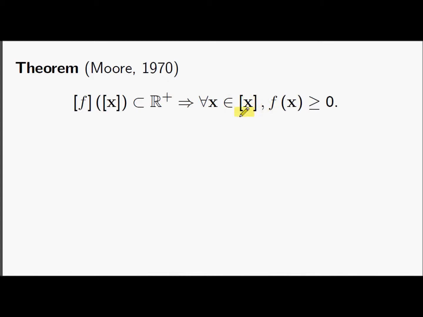It is important. It means that interval arithmetic is a nice, efficient tool to prove for a large class of functions that the image of a box is always positive.